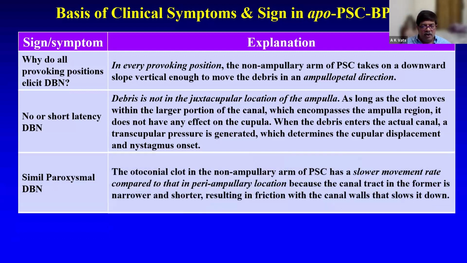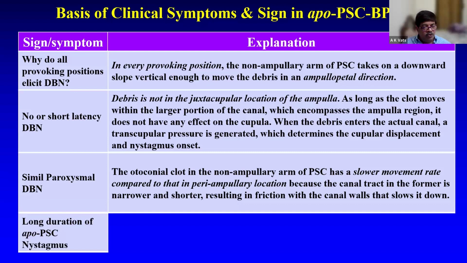Semi-paroxysmal nystagmus, slow crescendo-decrescendo: the otoconial clot in the non-ampullary arm of the posterior semicircular canal has a slower movement rate compared to that in the typical variant, because the canal tract in the former is narrower and shorter, resulting in friction with the canal walls that slows it down.